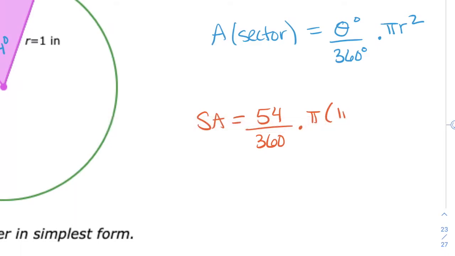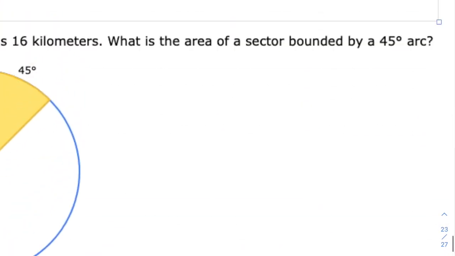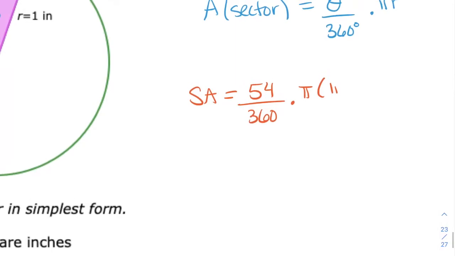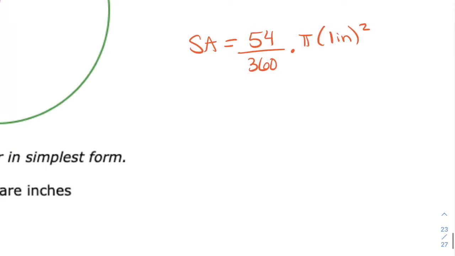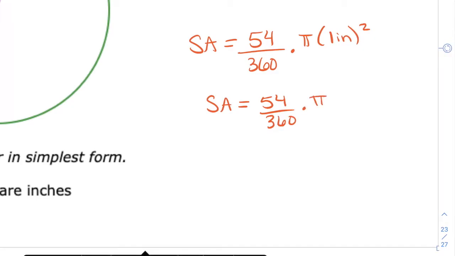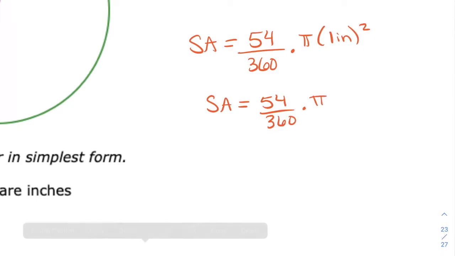So I'm going to do all the math. Sector area equals 54 over 360 times pi times 1 inch squared. 1 times 1 is 1.